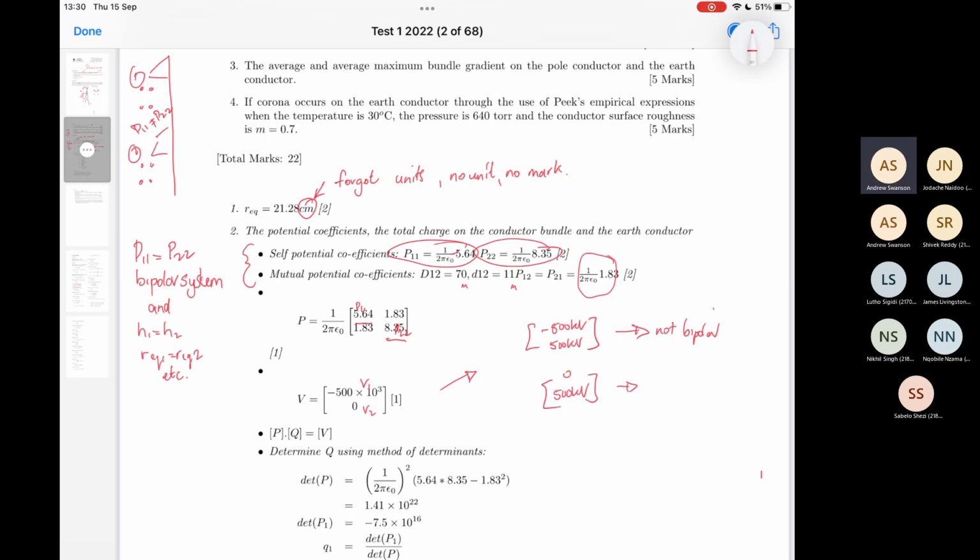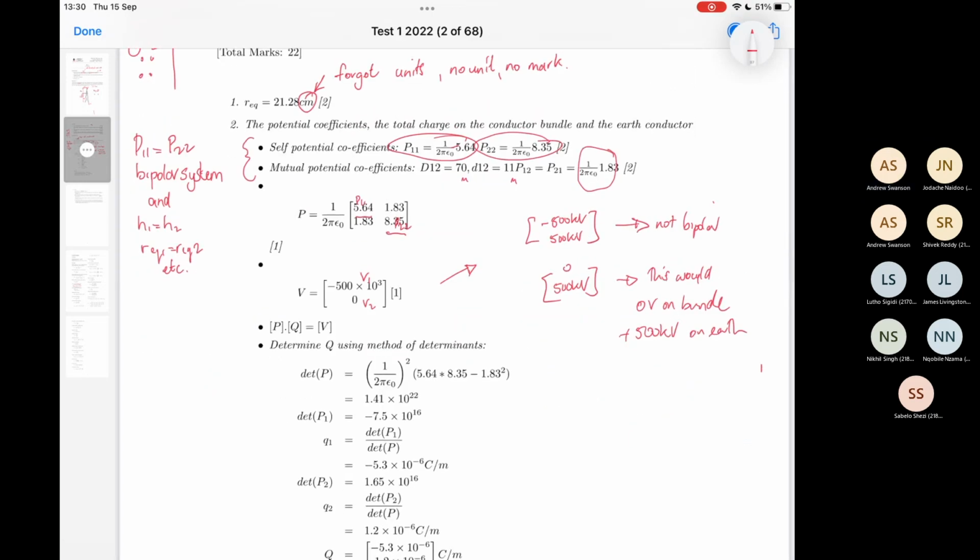So this would mean 0 volts on bundle and 500 kV on earth. So it has to be arranged the correct way to get any sort of reasonable answer.